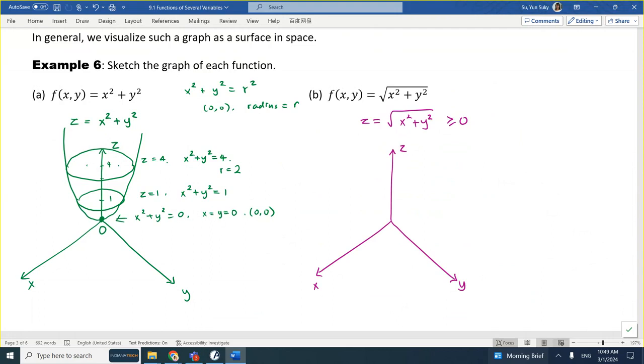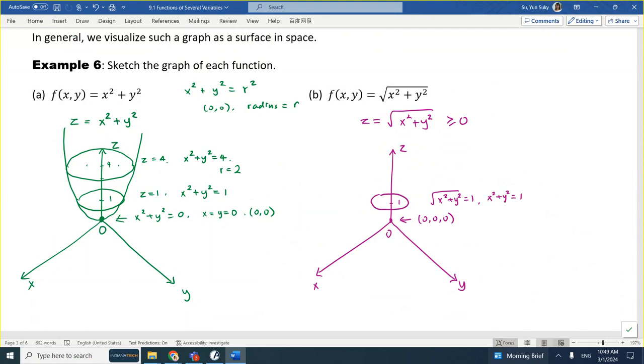The smallest is 0. It passes through 0, 0, 0. Now let's see when z is 1. We can plug in z is 1, and you get the square root of x squared plus y squared is 1. So x squared plus y squared is 1. You also get a unit circle there.